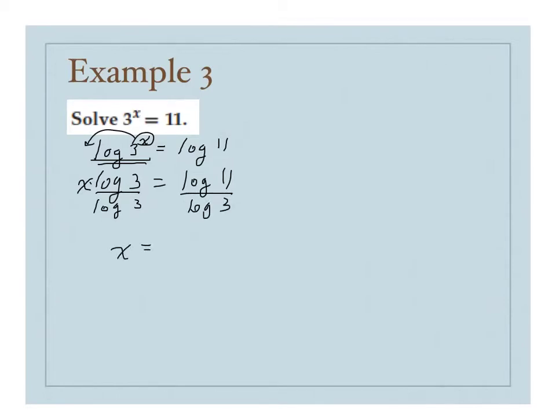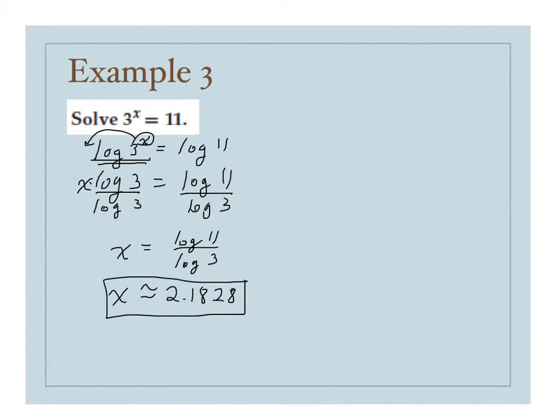So x becomes log of 11 over log of 3. That's the exact answer. If I approximate that using my calculator, I would get 2.1828. So that would be my answer if I approximate it as a decimal.